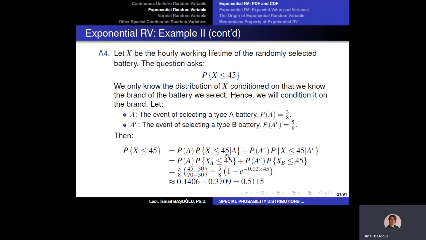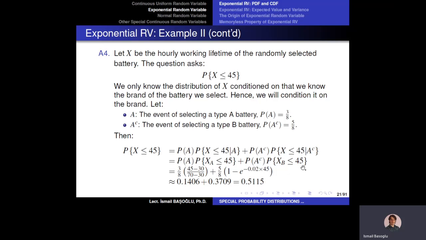And for a uniform random variable, this is the CDF at 45, and the cumulative distribution function of a uniform random variable is simply (x minus alpha) divided by (beta minus alpha).